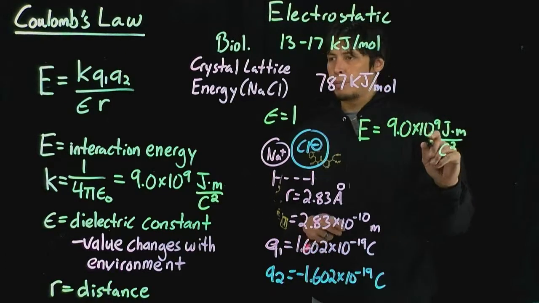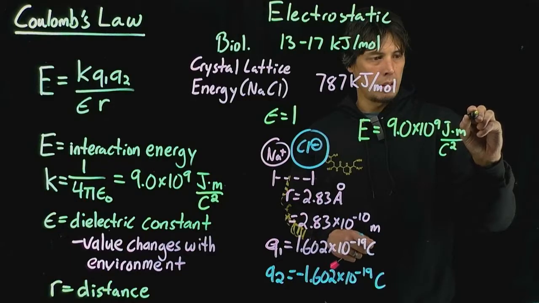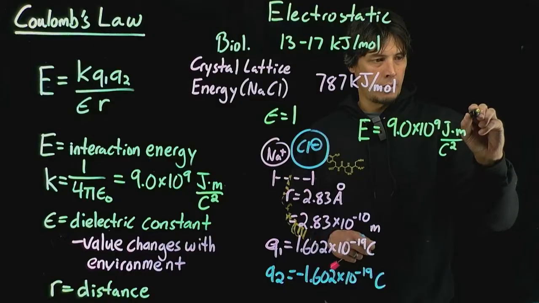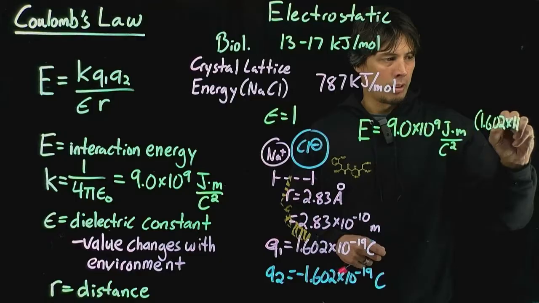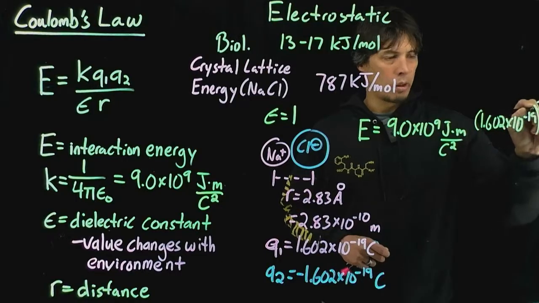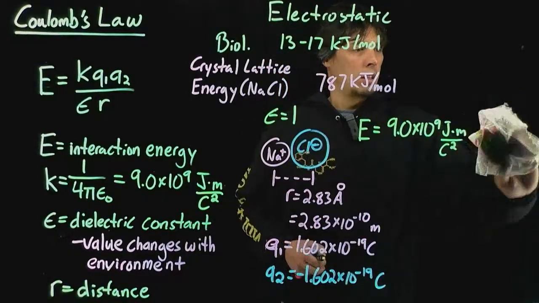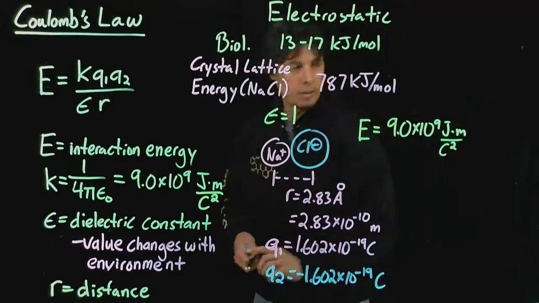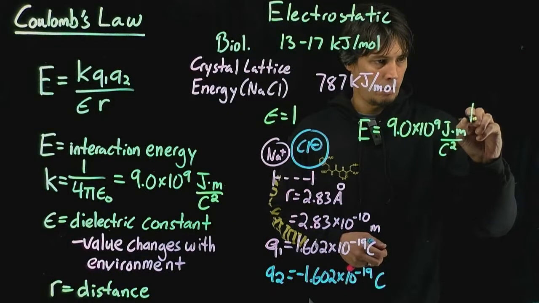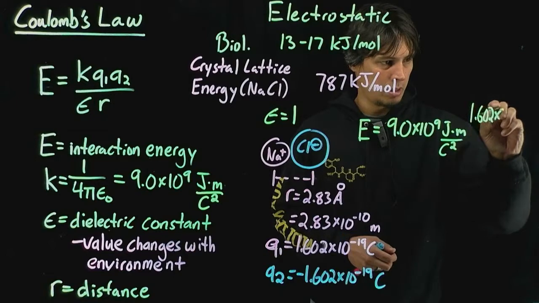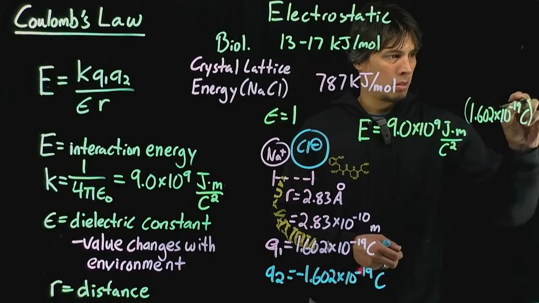On the top, we're going to multiply Q1 and Q2, so that's going to be 1.602 times 10 to the negative 19th coulombs squared.